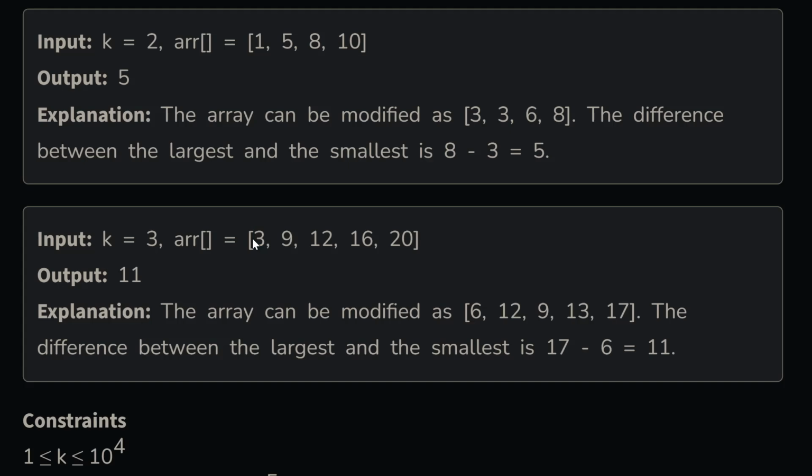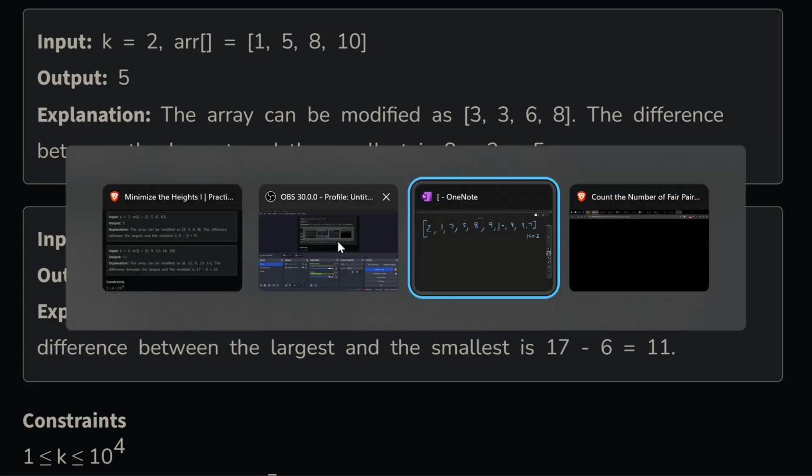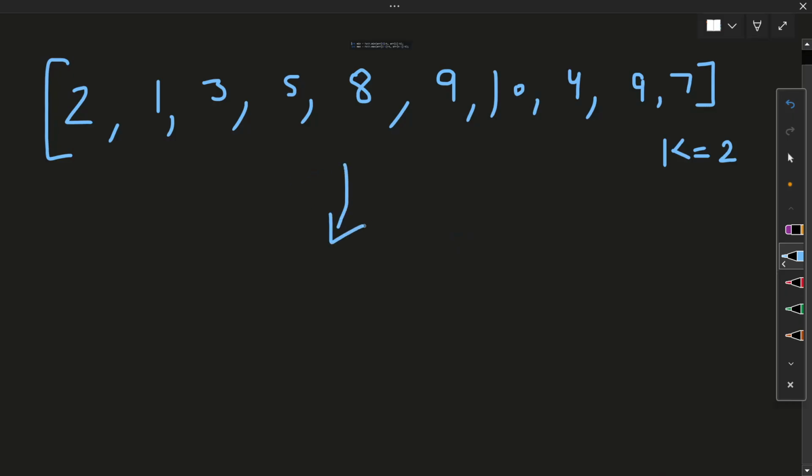So let's try to build the approach. There's a slight hint that I have just given you. First of all, we have to sort the array, so it will be easier for us to find the minimum difference. So let's first sort the array.